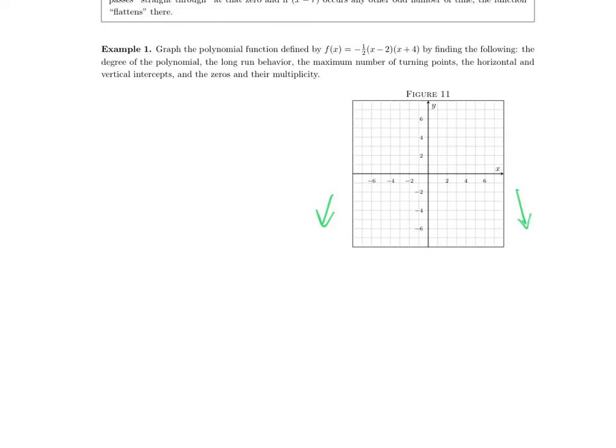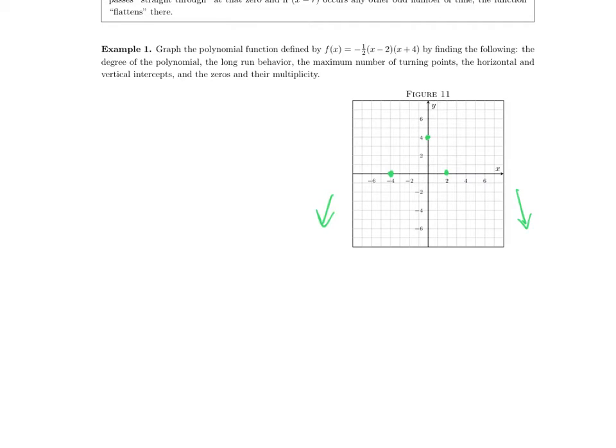We also determined that we have a vertical intercept, or y-intercept, at (0, 4), so that's going to be up here, and two horizontal intercepts, or x-intercepts, one at (2, 0) and the other at (-4, 0).